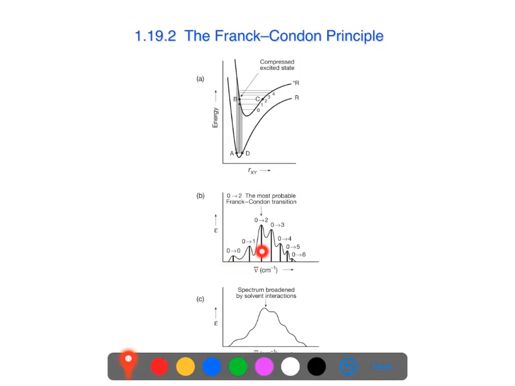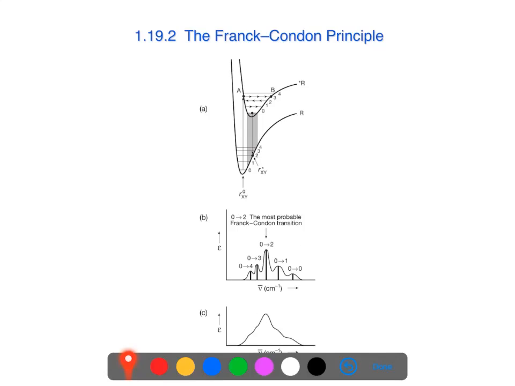Transitions to lower vibrational levels or higher vibrational levels in the excited state minima will result in less intense absorption bands due to a smaller Franck-Condon factor because there is less overlap between the vibrational wave functions.